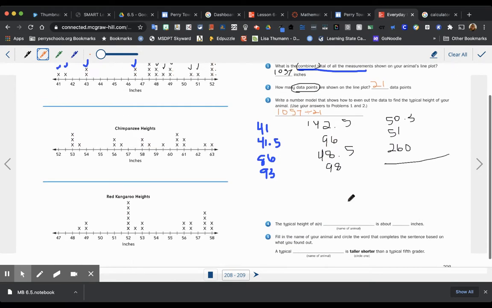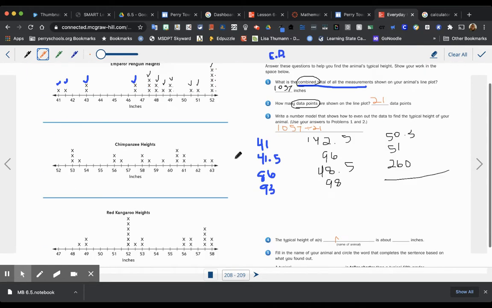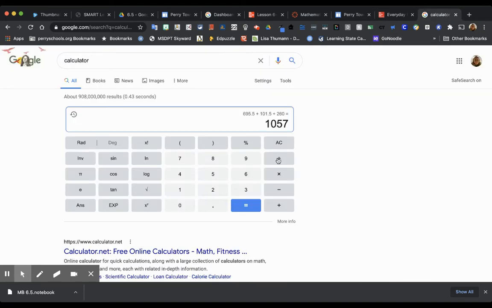That's what we have. So we're going to find out what the typical height of an emperor penguin, I keep wanting to put an M, emperor penguin, EP, and we're going to figure that out because we're going to take 1,057 divided by 21. So we're going to divide that by 21 data points, and I get 50.33333, so 3 repeating.